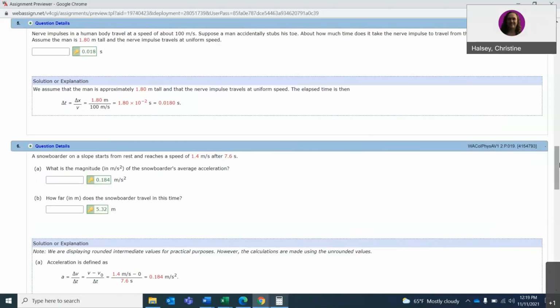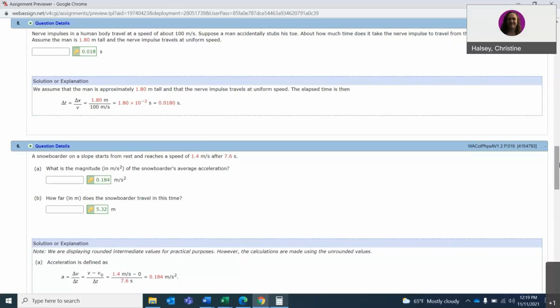Nerve impulses in a human body travel at the speed of about 100 meters per second. That's pretty fast. That's how fast pulses run inside your body. If a man accidentally stubs his toe, about how much time does it take the nerve impulse to travel from the foot to the brain in seconds?